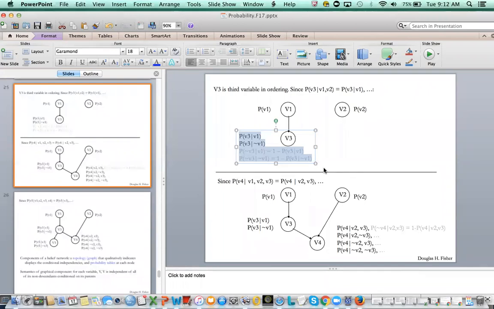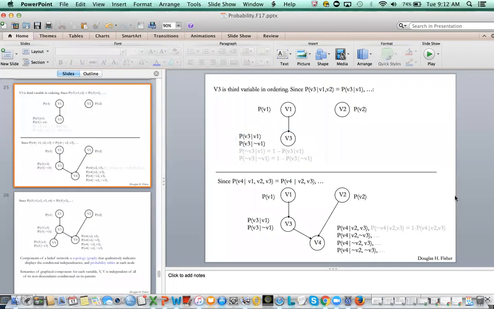So I've shown you in dark font that I've got to explicitly represent the probability of V3 given V1, and the probability of V3 given not V1. But I can compute the remaining 2 probabilities, which I've shown in light font, as 1 minus probabilities that I am explicitly storing. So again, it saves me having to represent a whole lot of probabilities. It's reducing the number of probabilities I have to store.